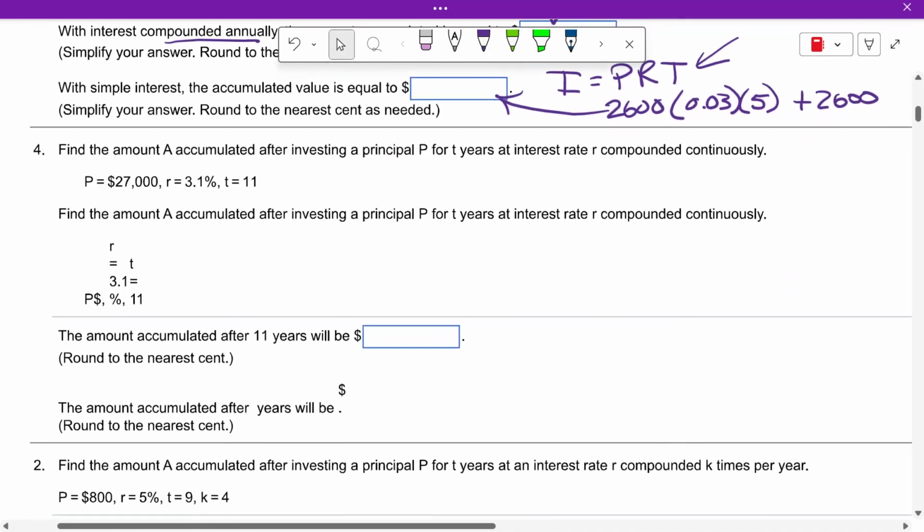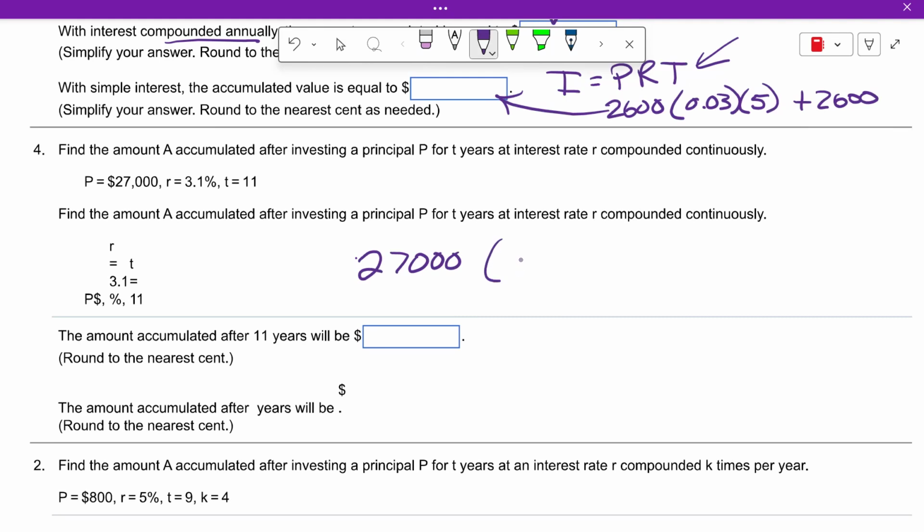Again, another compounded continuously. If it's compounded continuously, it's 27,000 times e to the 0.031 times 11.